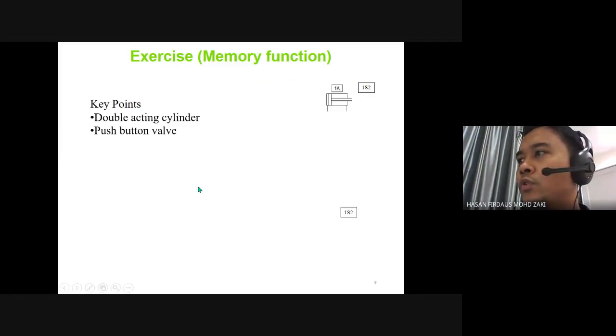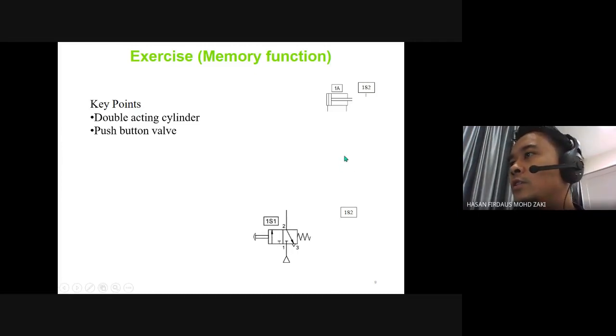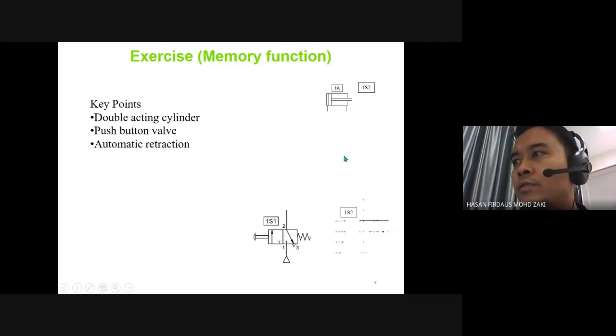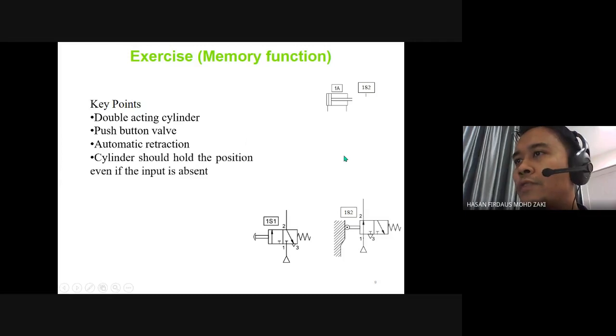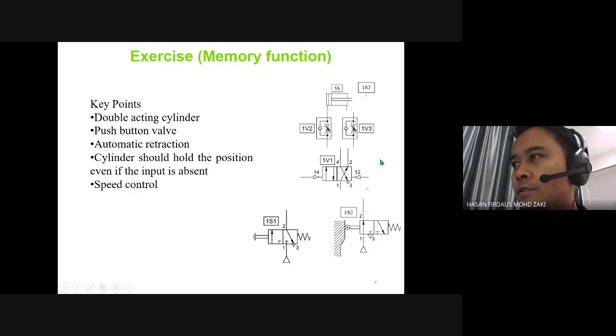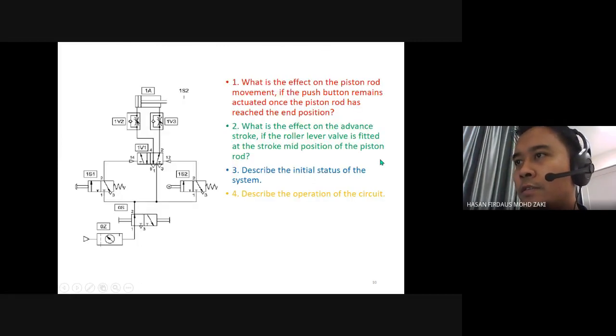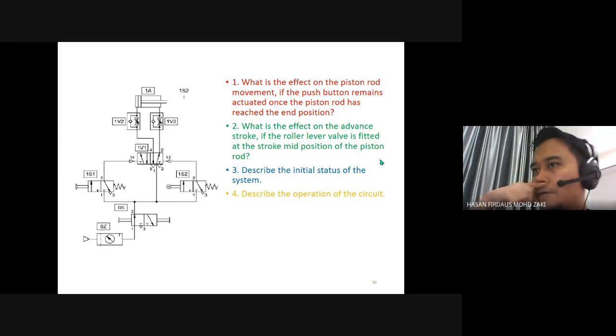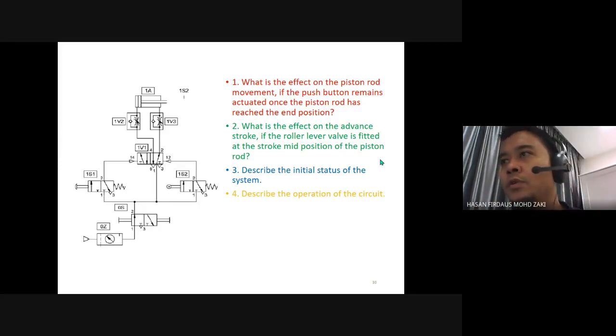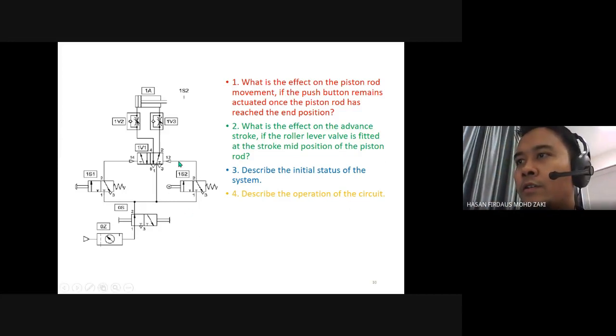So you list the input and output, and then the control function, because you use the memory function here. This one is similar to what we saw before, in the FluidSIM, the same.